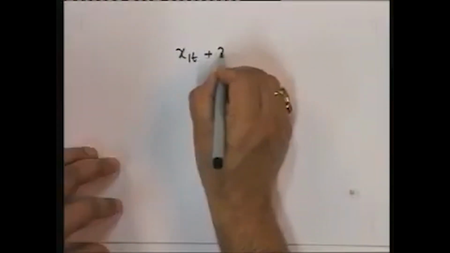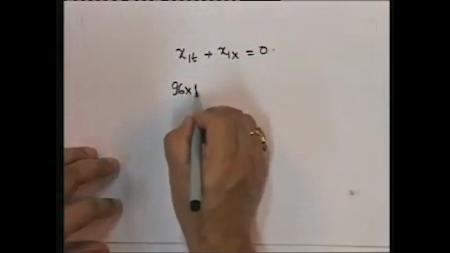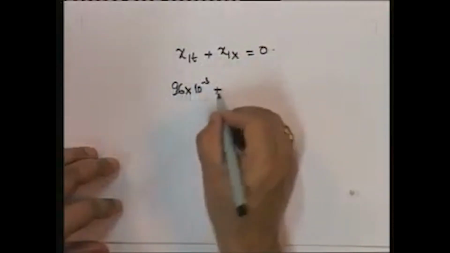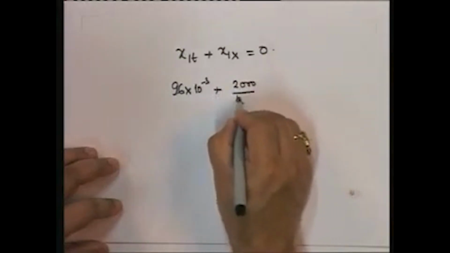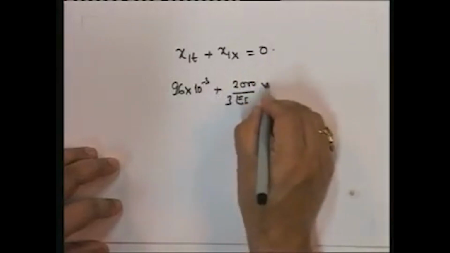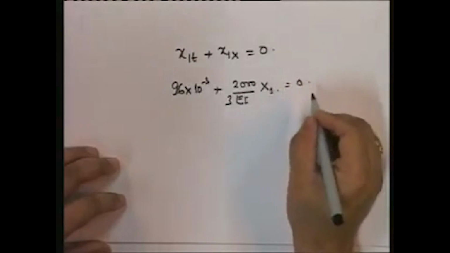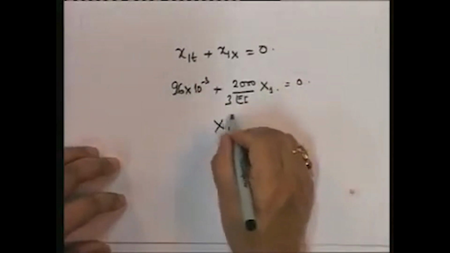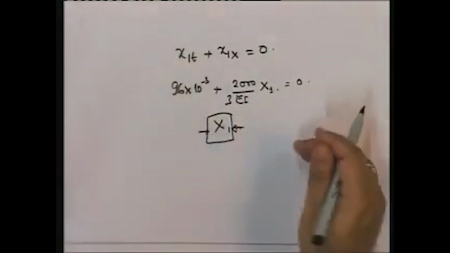I get x1 of t plus x1 of x equal to 0. x1 of t is 96 into 10 to the power of minus 5 meters, and this is 2000 upon 3 EI into x1 is equal to 0, and from that you can find out the value of x1. Once you find out the value of x1, it's a statically determinate structure, and you can find out the bending moment diagram.